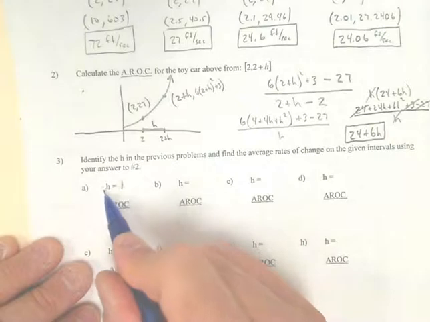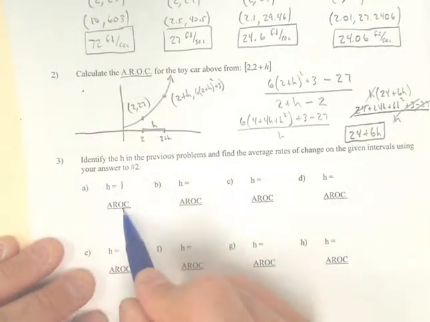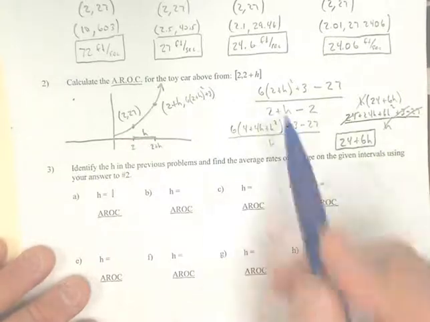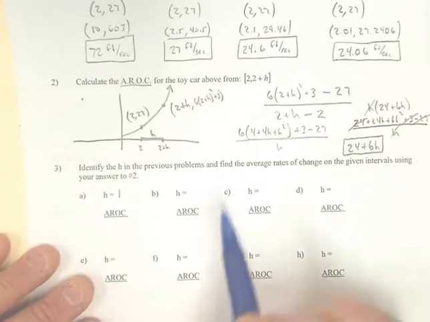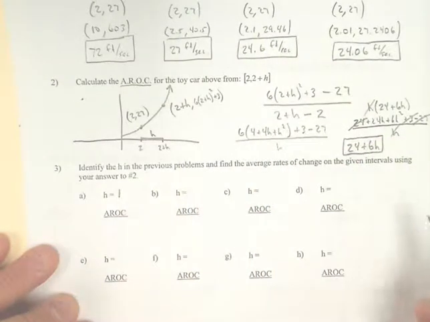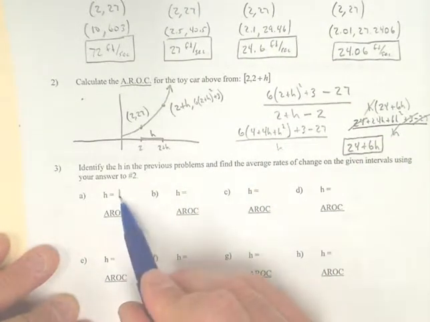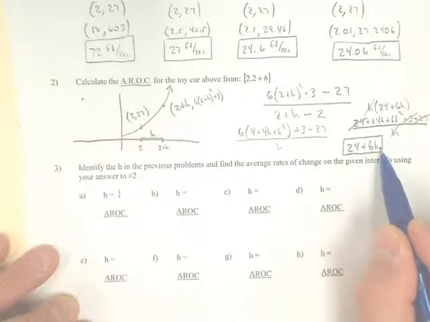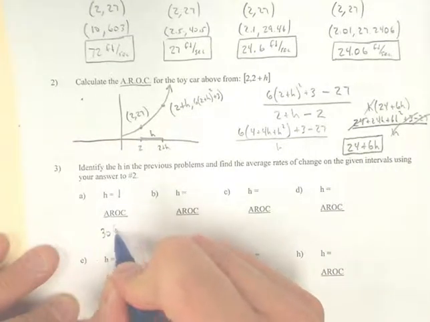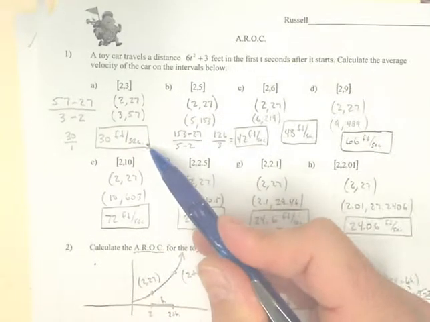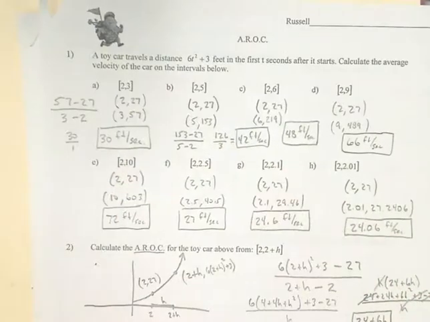Now that you know h, you can figure out the average rate of change using this expression, which finds the slope of the line connecting any 2 points as long as the first one is 2. Since the 8 above all start at 2, it'll work. Plug into the expression: 24 plus 6 times 1, which is 30. And 30 feet per second is what we got up above by doing difference of the y's over difference of the x's.